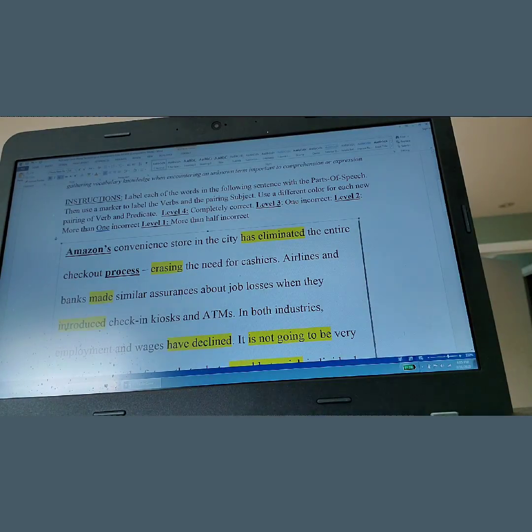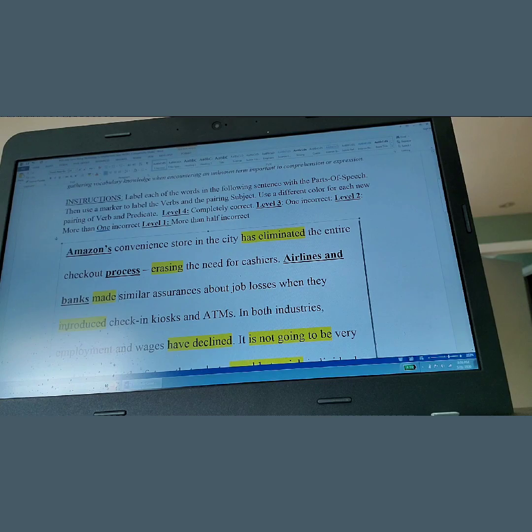So sometimes when we get an article and it talks about a particular company at the beginning, and you write the entire passage about it just happening at that company, right? That's not an accurate interpretation of what you're reading. So this is saying that this is part of a larger process, right? So not only is Amazon doing this, you're finding this at airlines and you're finding this at banks, right?